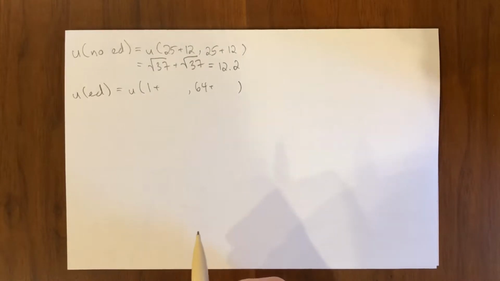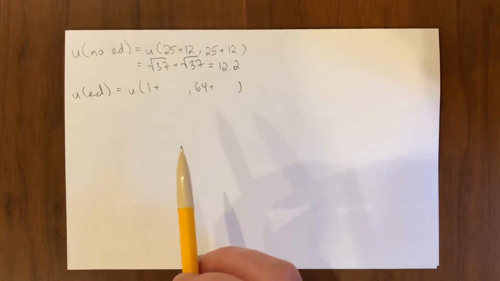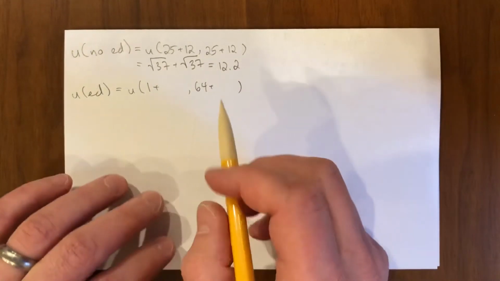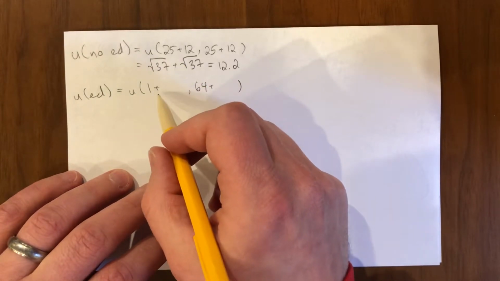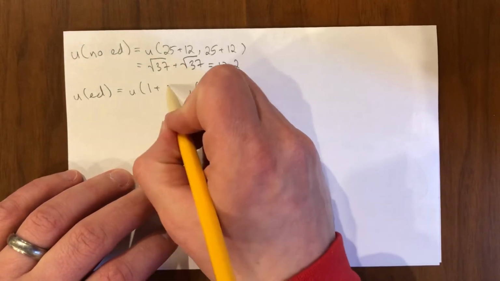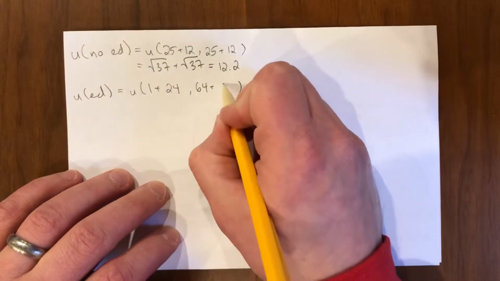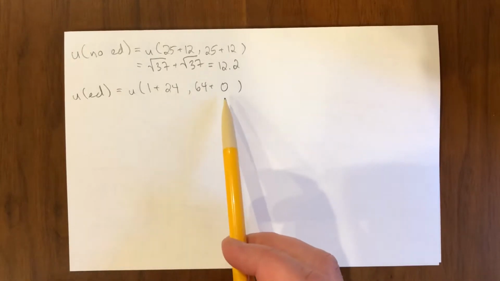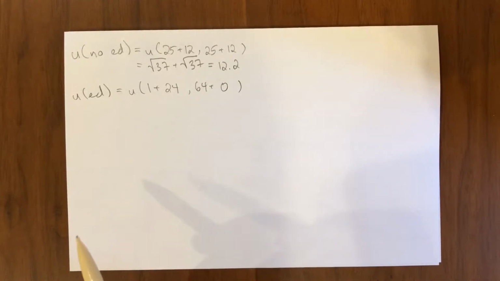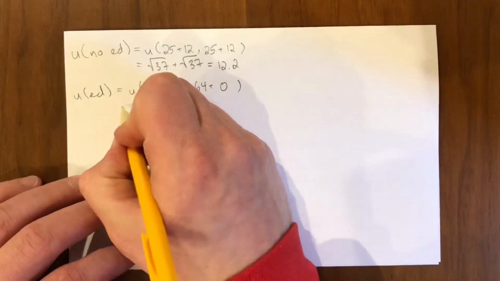So we saw that when we calculated the marginal utility for both, right? So what that means is that if this person gets an education, then their utility is going to be, the consumption in the first period will be 1 plus 24, and then 64 plus 0. Right, so the person's allowed to consume some inheritance in the second period, but that's not the most sensible thing to do.